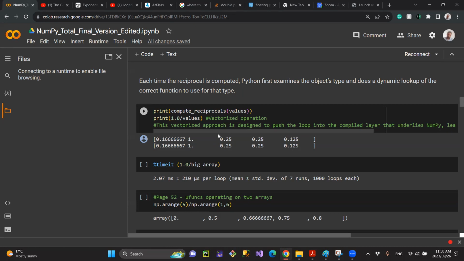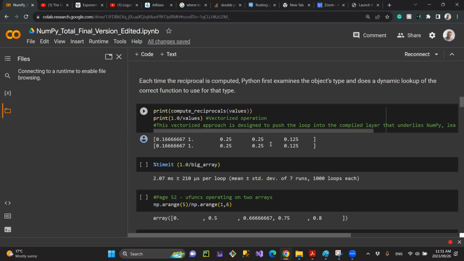Please try this and see if you like. Done.